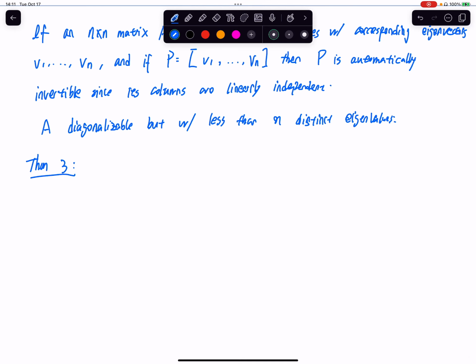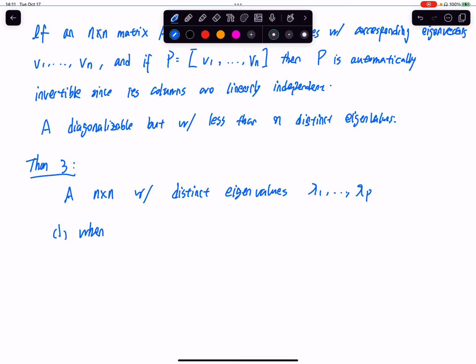Namely, A is still n by n, with distinct eigenvalues being lambda 1 up to lambda p, where p is smaller than n.